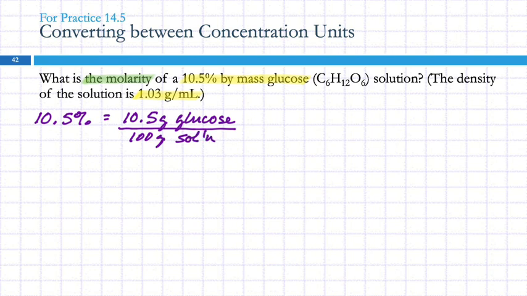And then we're given a density 1.03 grams per milliliter, and that's the density of the solution, so that's grams of solution per liter of solution. And then over here we want the molarity, which is moles per liter.